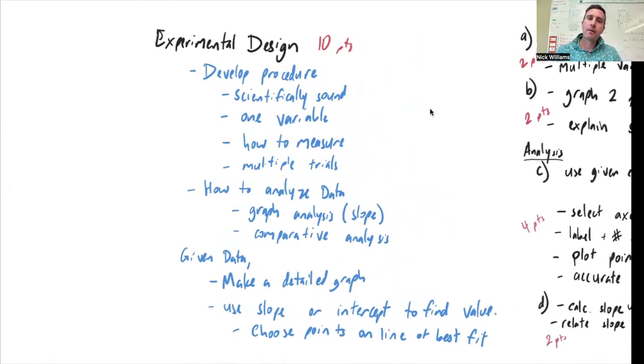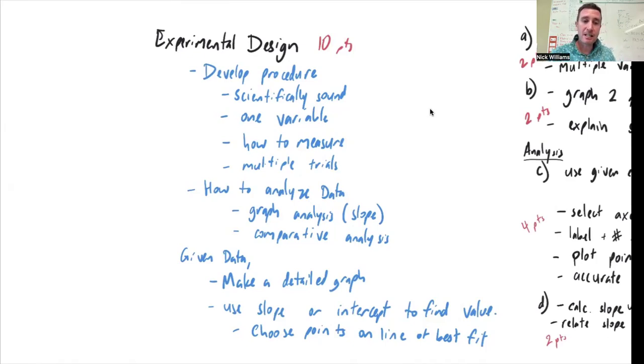So for the design part, you'll be asked to develop a procedure, make sure it's scientifically sound, that there's one variable that you're changing, explain how you measure the things that you're measuring, and make sure that you have multiple trials. Then you're looking to analyze the data. So they're almost certainly going to ask you to analyze it using graph analysis, which is taking the slope of something. Or they could ask for a comparative analysis.